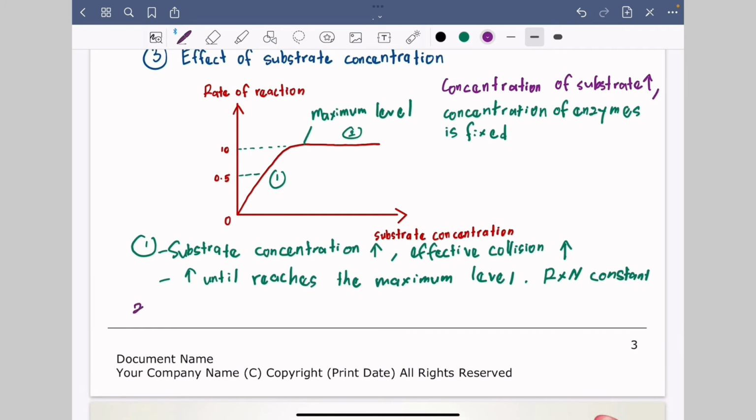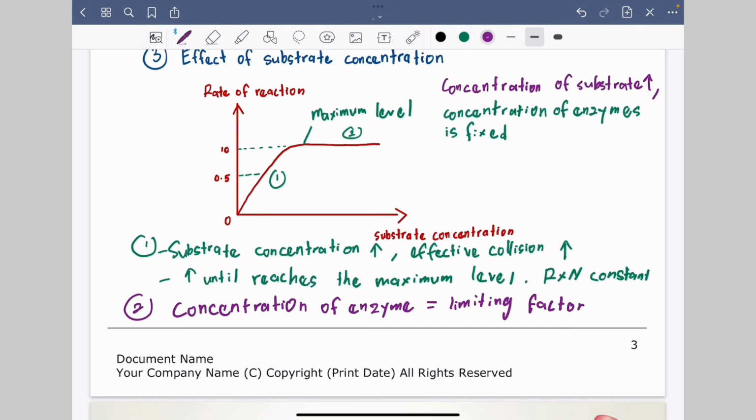And then point number two, after it reaches the maximum level, the concentration of enzyme that already exists in the system becomes the limiting factor. So we can increase the rate of reaction by increasing the quantity of enzyme.